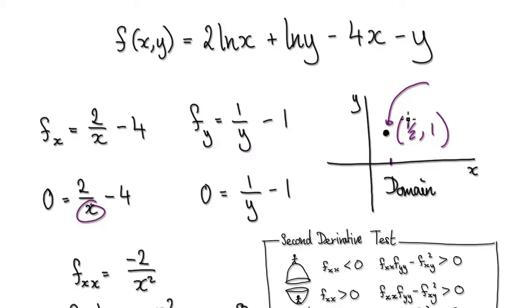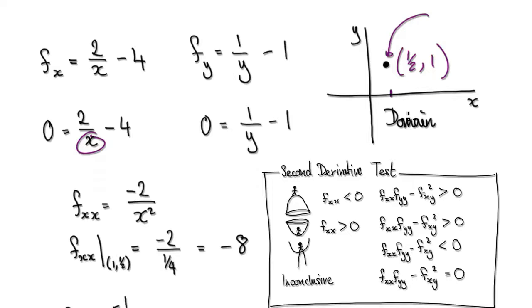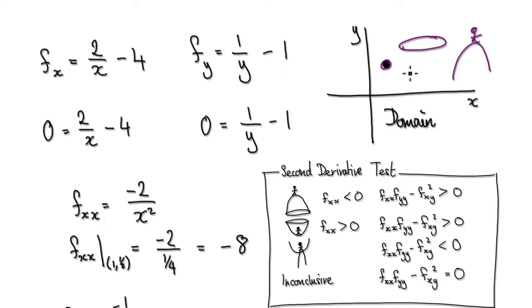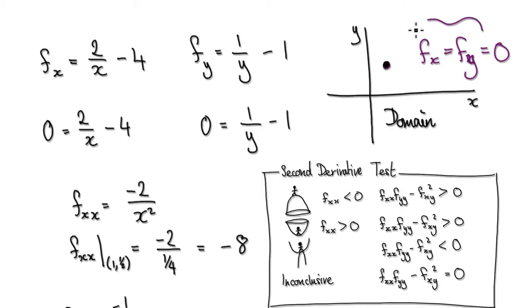We know there's something fishy going on at this point, but we don't know if it's a max, if you're at the top of the hill, or at the bottom of the hill, or at a saddle point. We just know there's something fishy going on because fx equals 0 and fy equals 0. We don't know what it is yet.